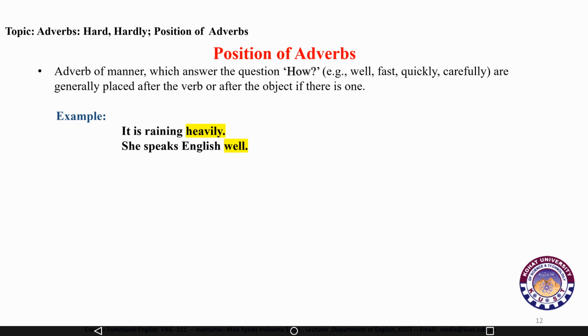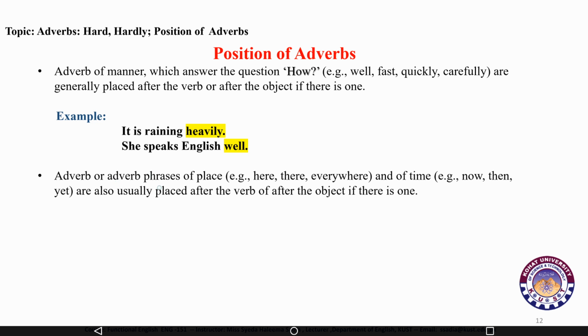She speaks English well. So the verbs here are raining and speaks, and the adverb is placed after the verb. As we can see, heavily is after raining and well is after speaks.